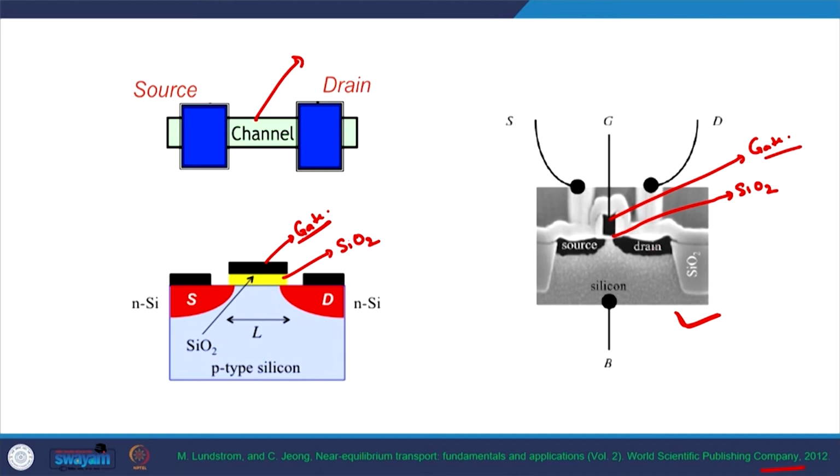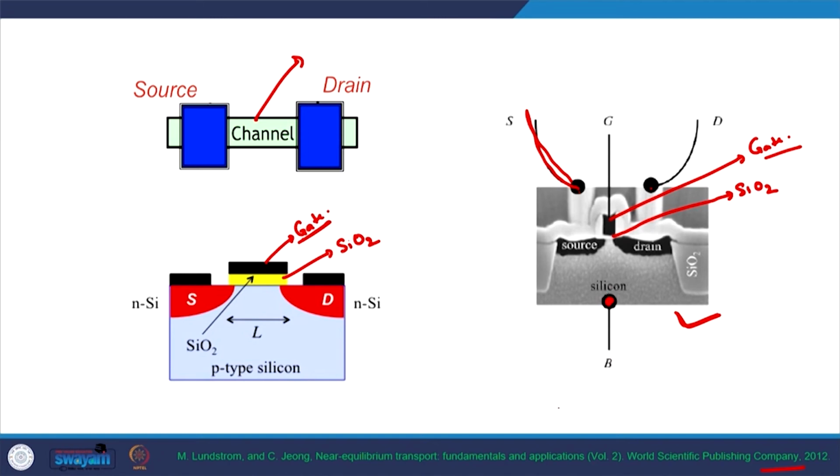The source and drain terminals are connected to the external circuitry via the source contact and the drain contact, as seen in this picture. The rest of the body of this device is known as the B terminal, and generally we have a terminal point on the B terminal as well.